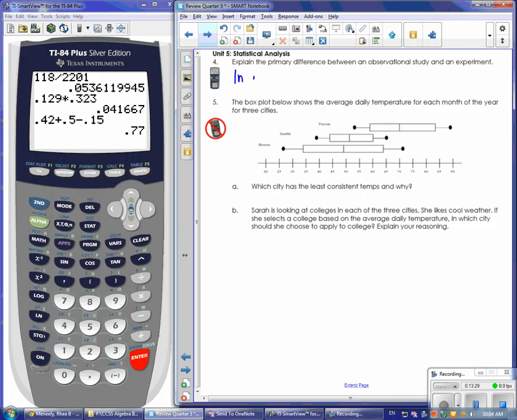In an experiment, a treatment is imposed. And what that means is we are deliberately changing a variable to measure the reaction.